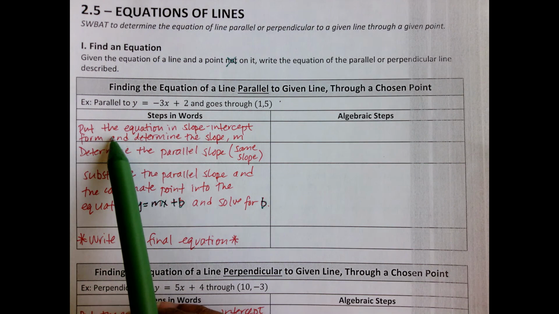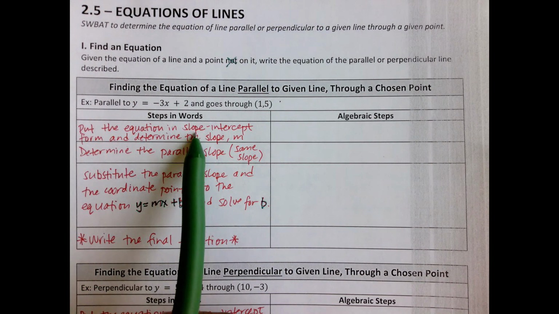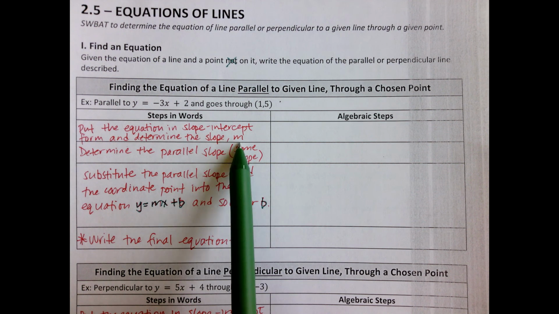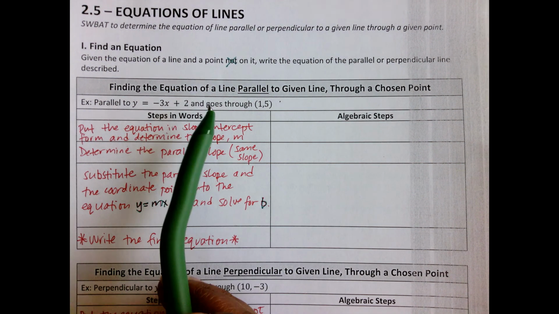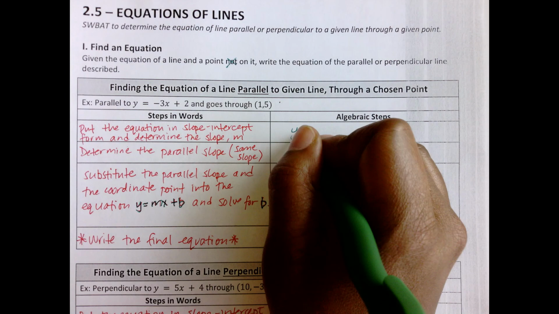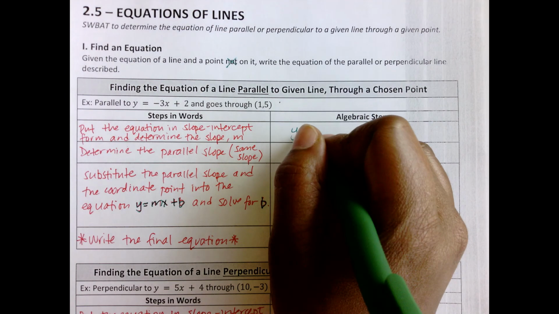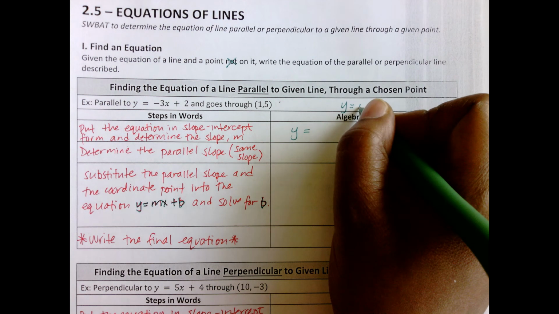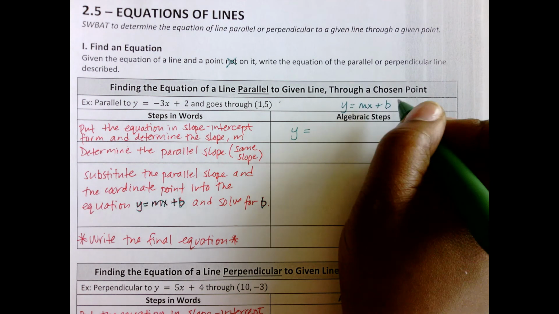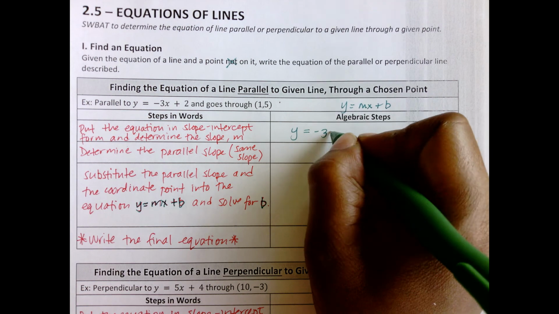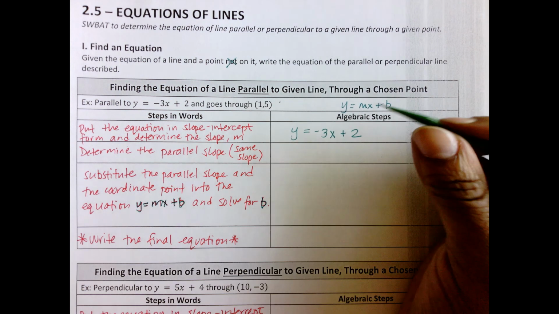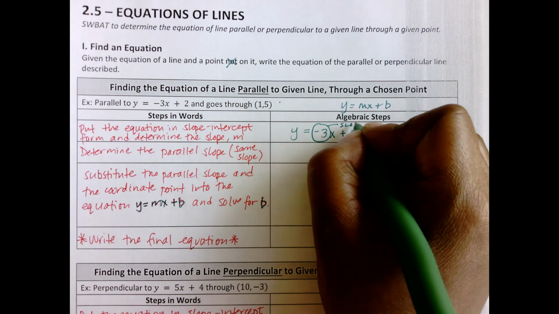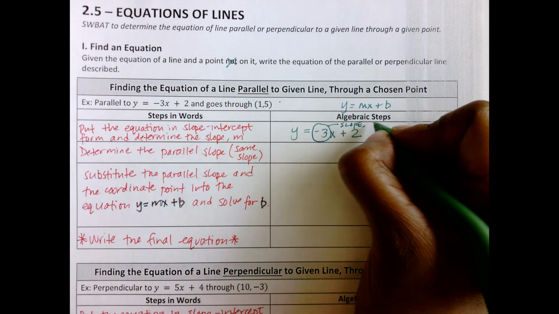The first step is to put the equation in slope-intercept form and determine the slope. This is already in slope-intercept form, y equals mx plus b. So I identify the slope, and this is it, my slope, or m.